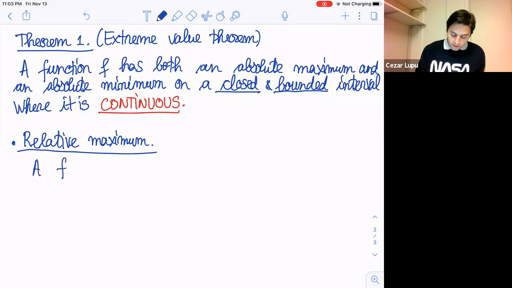So a function, right? Now we have seen what it means for a function to have an absolute max, an absolute min. Now we'd like to see what it means for a function to have a relative max or a relative min.